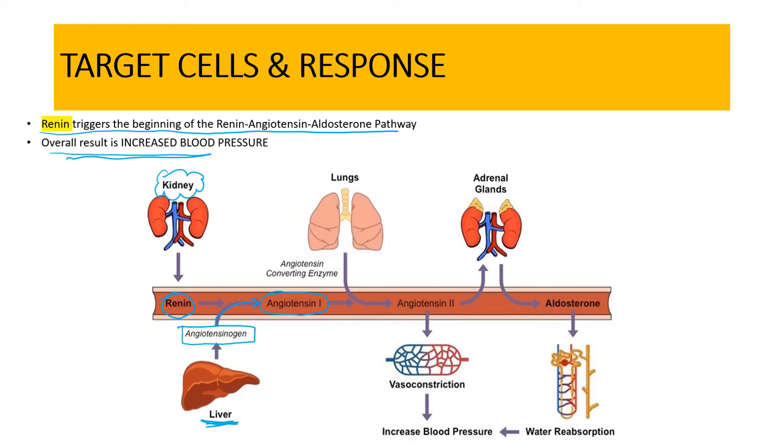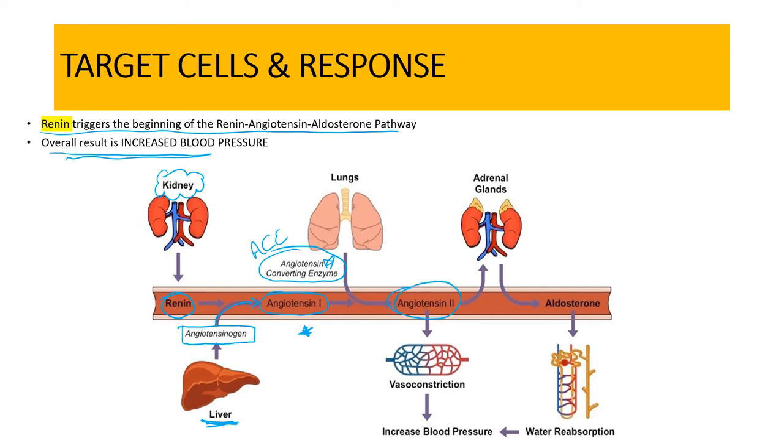And as it's going around the bloodstream, the lungs are going to be making this molecule called angiotensin converting enzyme. It just always makes it. So as the blood passes through the lungs, when angiotensin 1 is present, it will bind with that angiotensin converting enzyme, also known as ACE, and it will result in the formation of a molecule called angiotensin 2.